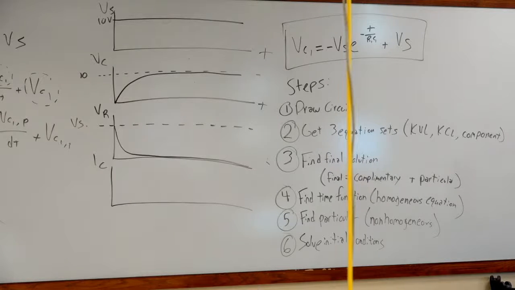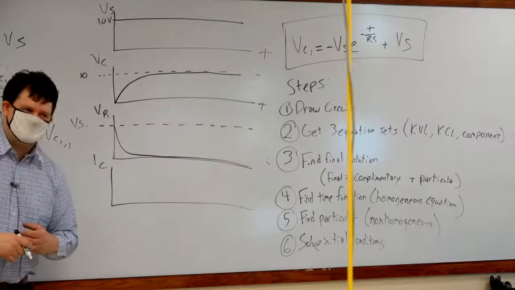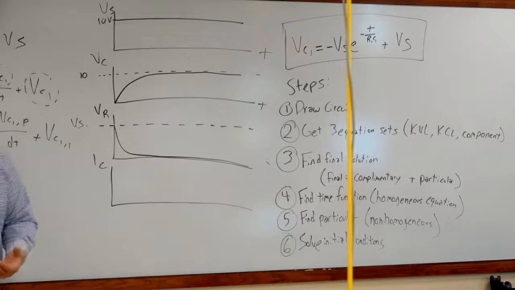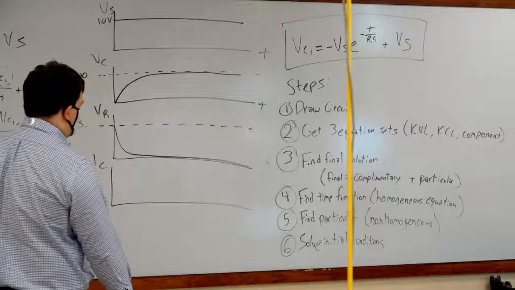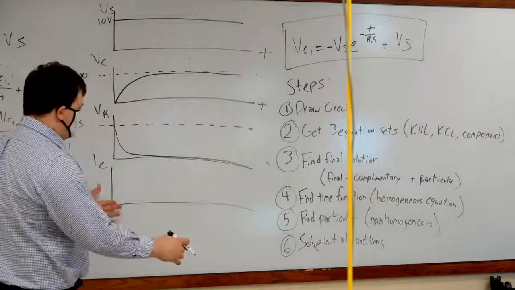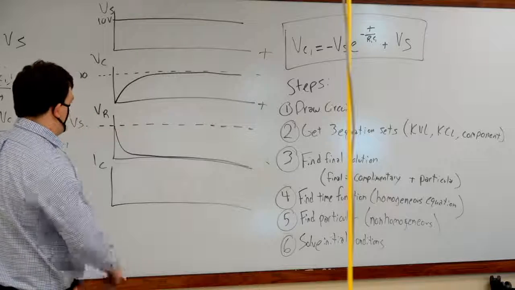One thing you know about the current going through the resistor is that it has the same shape of the function as the voltage across the resistor. It's because they have to. You cannot have a voltage in a resistor without a current. So their time functions are going to be identical, thanks to Ohm's law.